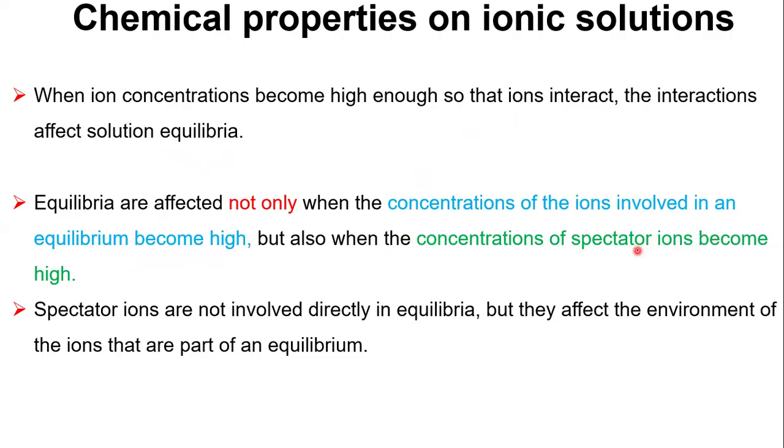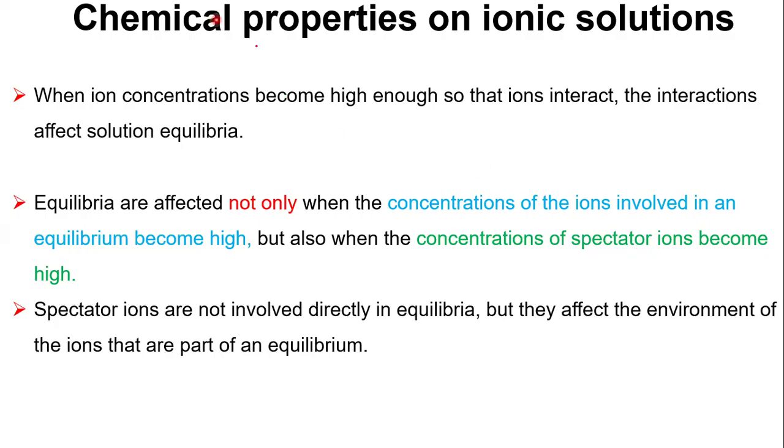What we are talking about, a very interesting point, is an attraction between a positive and a negative charge, electrostatic attraction. Whether the ions are directly involved in the equilibria or are just random ions in the solution, they still have a part to play in this attraction. So equilibria are affected by the ions in the equilibria, but not those alone. Even the spectator ions influence.